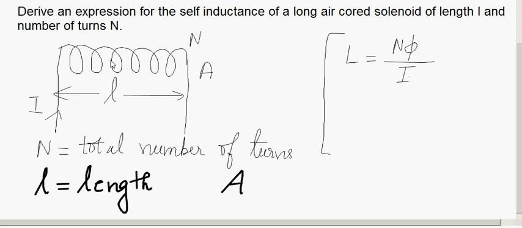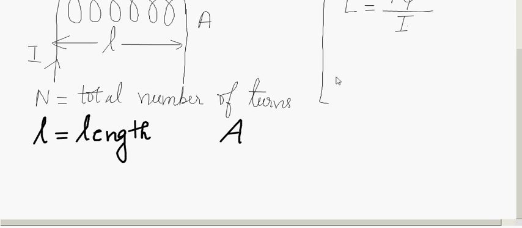The field inside the solenoid is uniform and it is given by B equals mu naught n I.